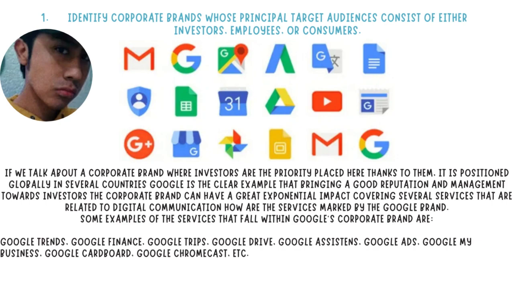How are the services marketed by the Google brand? Some examples of the services that fall within Google's corporate brand are Google Trends, Google Finance, Google Drive, Google Assistant, Google My Business, Google Cardboard, and Google Chromecast, etc.